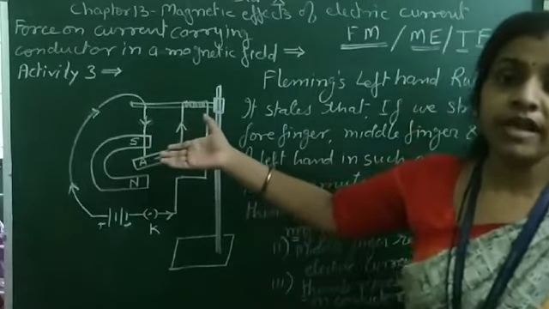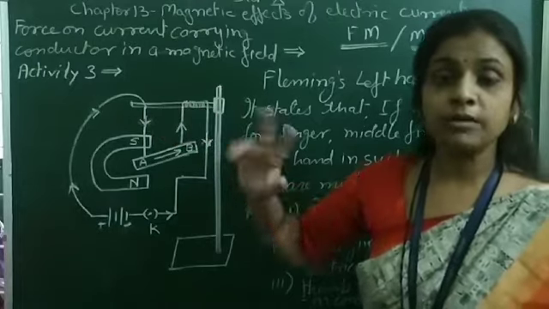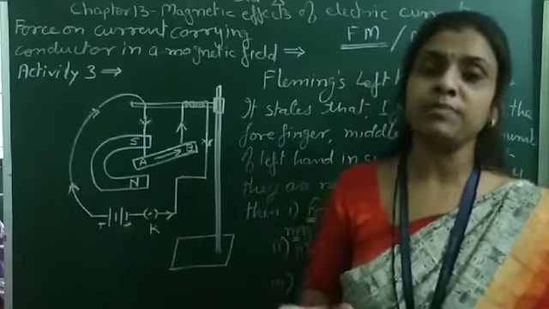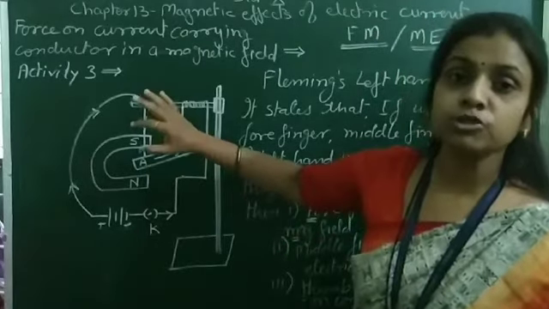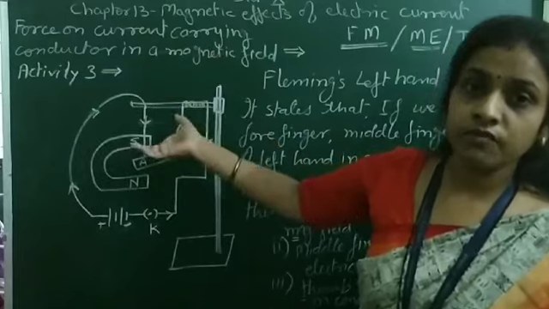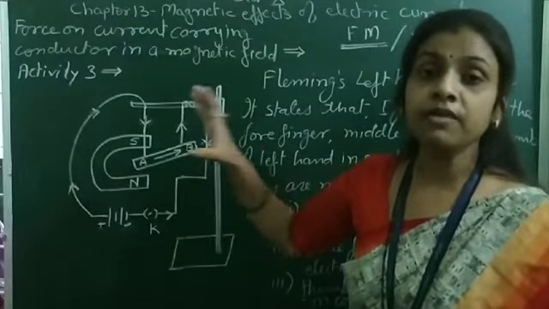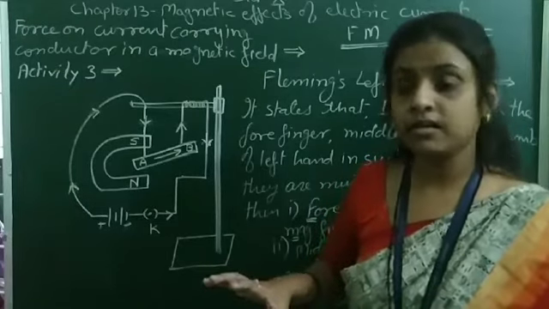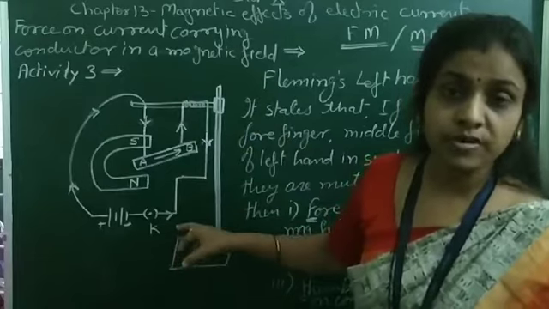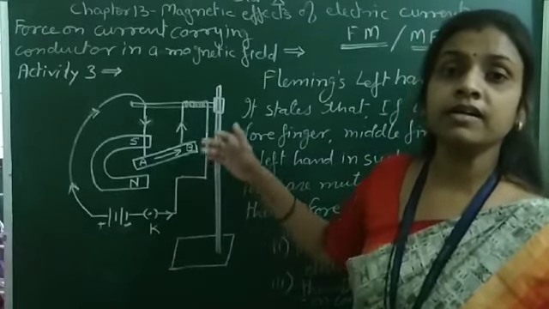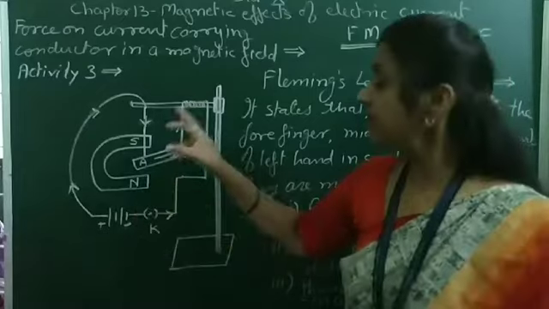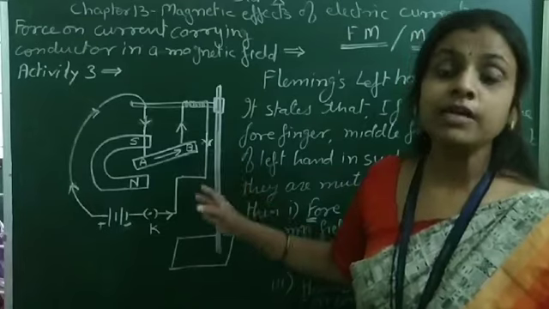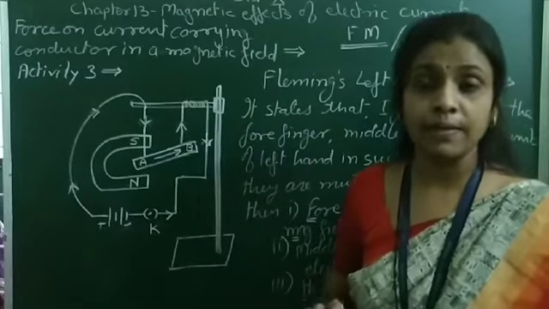And the third important activity is the reverse of the first two activities, where whenever current flows through a conductor, it produces a magnetic field. In the third activity the magnetic field is already present, which does not need to be produced by a current carrying conductor, and a current carrying conductor is also present, but whenever this current carrying conductor is placed in a magnetic field, then the magnetic field exerts force on the current carrying conductor, and it was given by the scientist Andre Ampere.